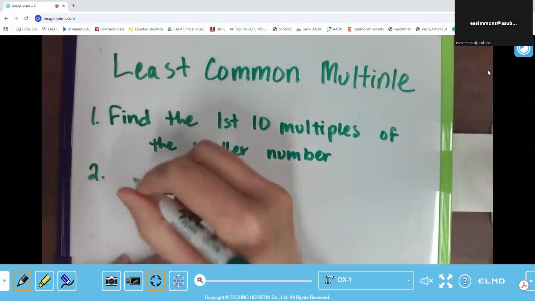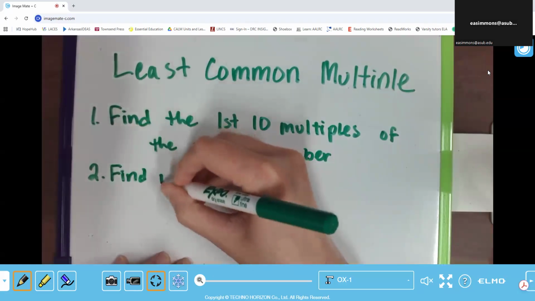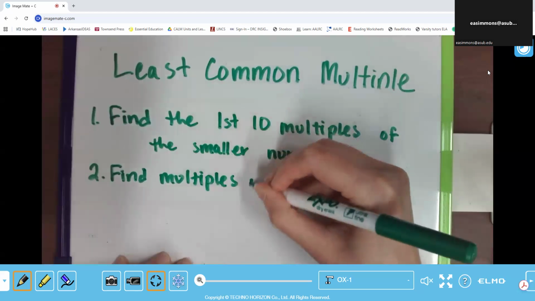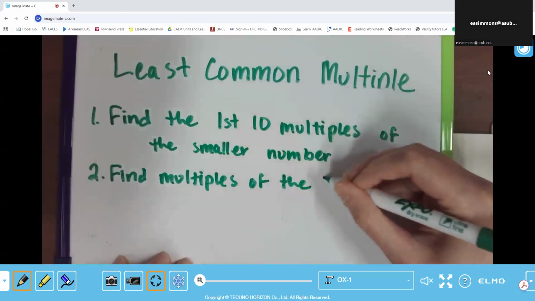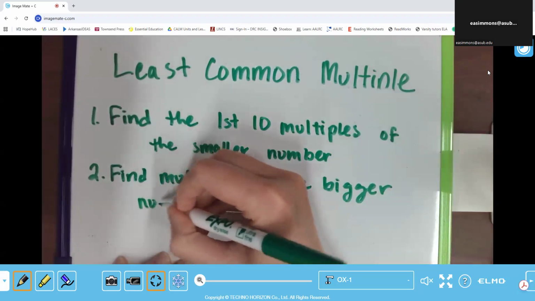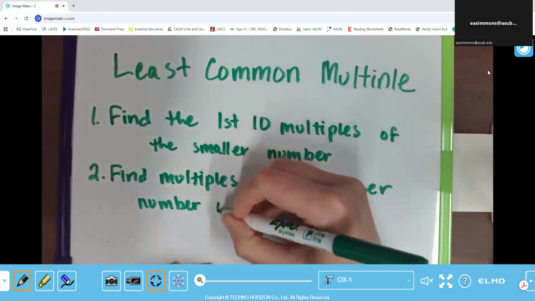And then step two, I'm going to find multiples of the bigger number until I get a match.